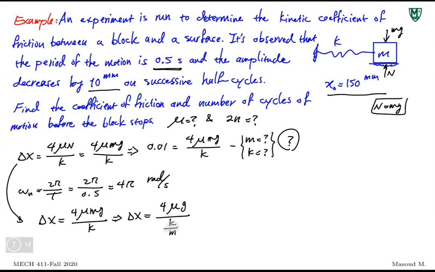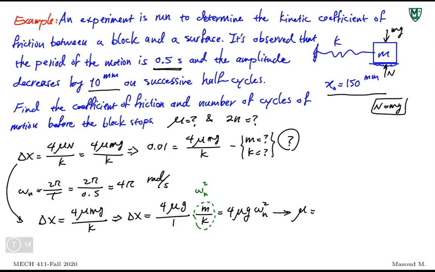Let me do it correctly. I write it as times m over k. This is just one. Now I can rewrite this as 4 mu g times omega n squared. From there I can actually take mu out.